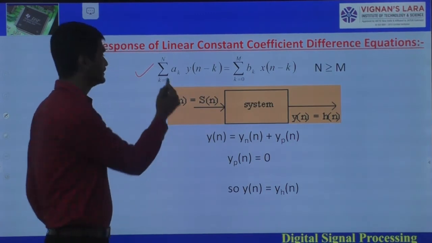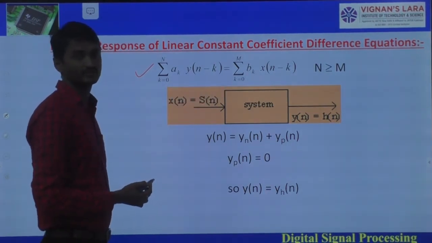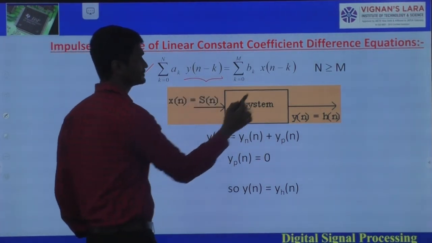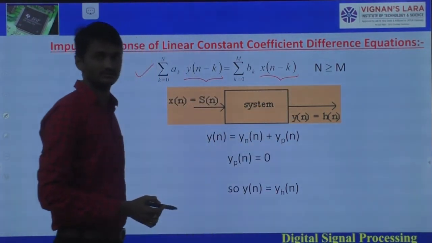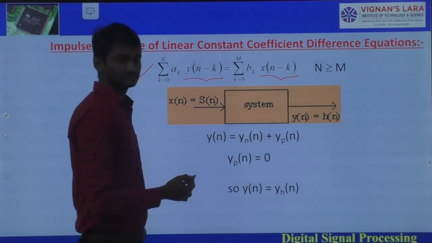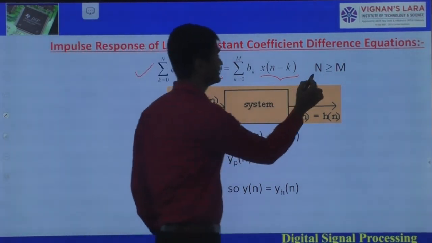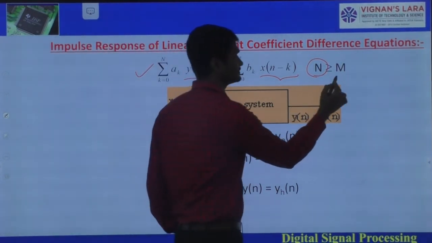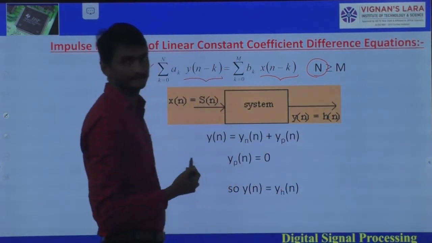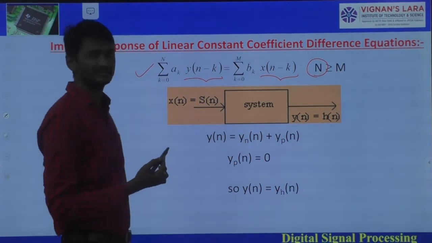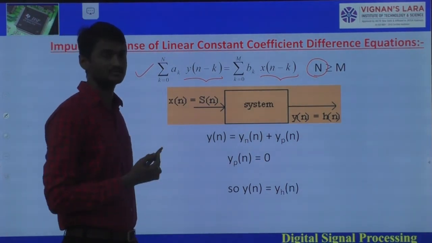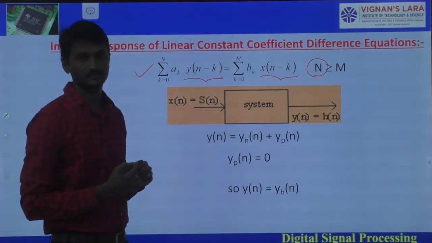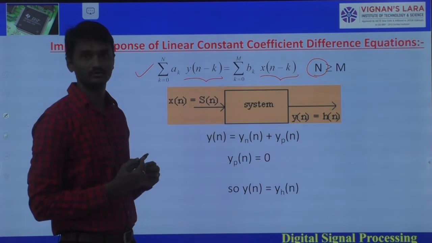Here a_k and b_k are the coefficients of the nth order LCCDE. The left side represents the output terms and the right side represents the input terms. Here n represents the order of the LCCDE, and n is greater than or equal to m. There are two conditions possible in the impulse response, n greater than m and n equal to m, and we will see examples of both.